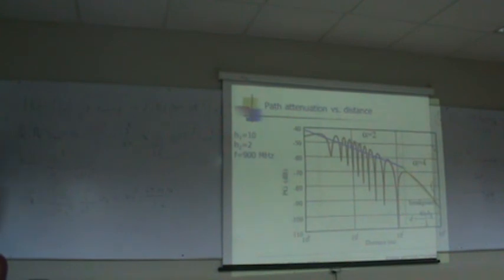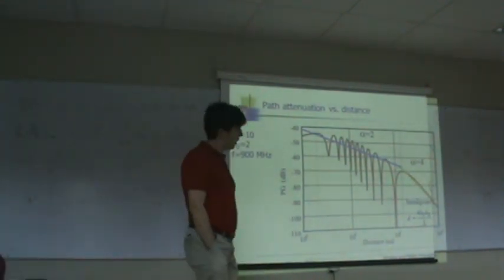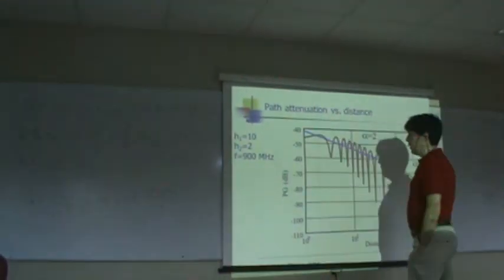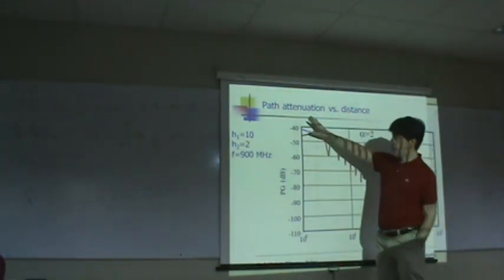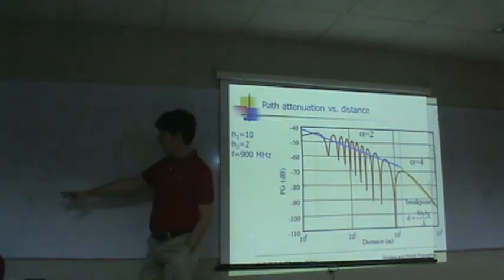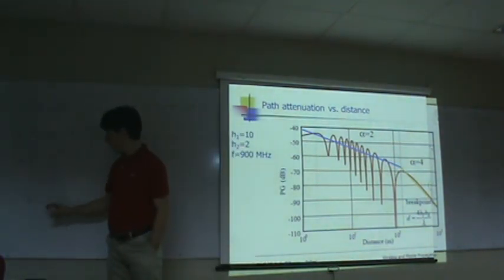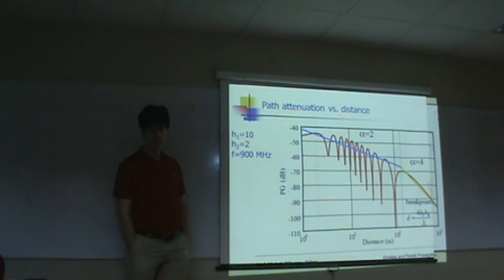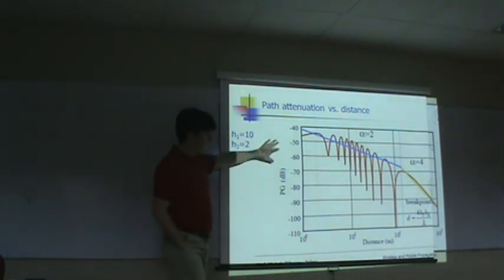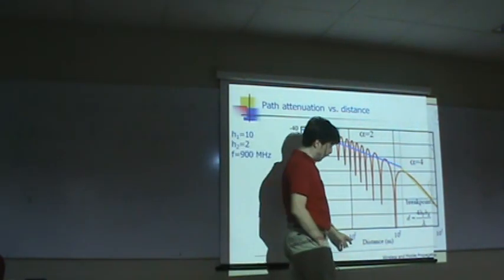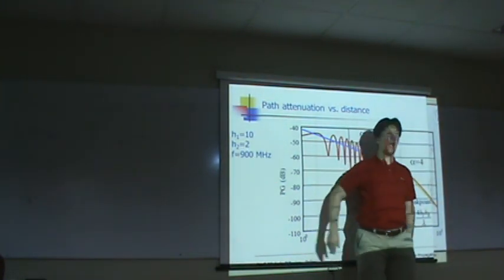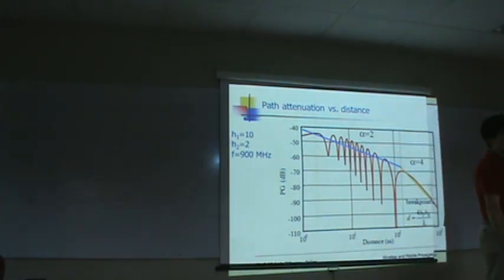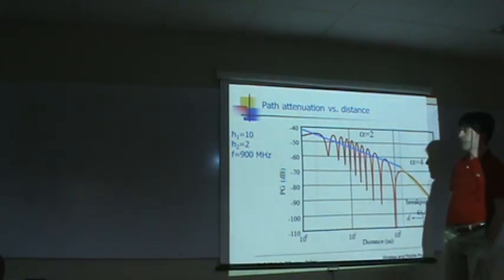Okay, what is this? This is the insertion loss, that is the ratio in dB between the receiving power and the transmitting power, as a function of distance for a typical 900 megahertz cellular system.